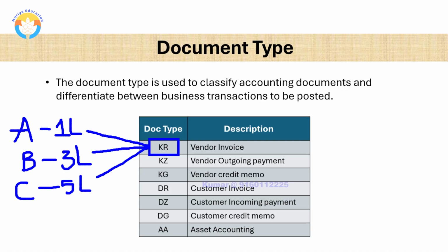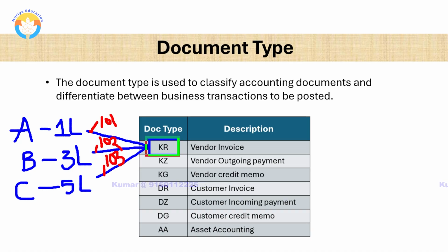Not three. The document type is the same, KR only. The document number is different. Here the document number may be 101 when I purchase in the morning, 102 in the afternoon, and in the evening when I purchased again, this document number will be 103.